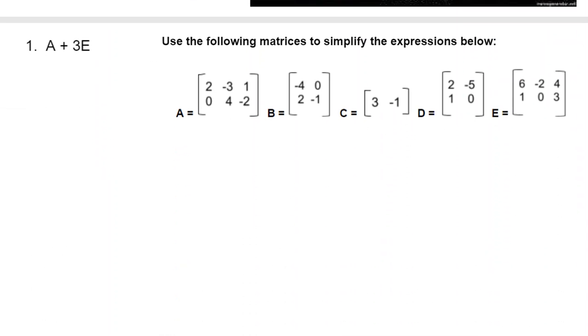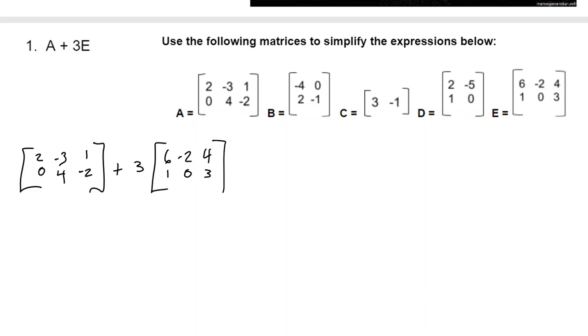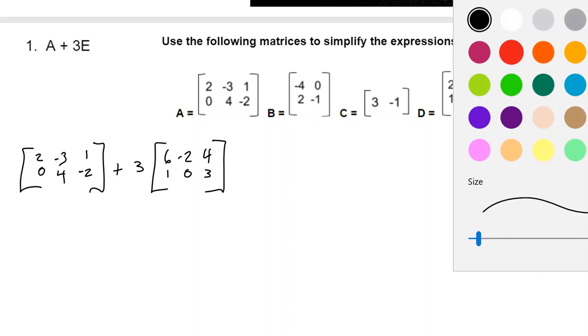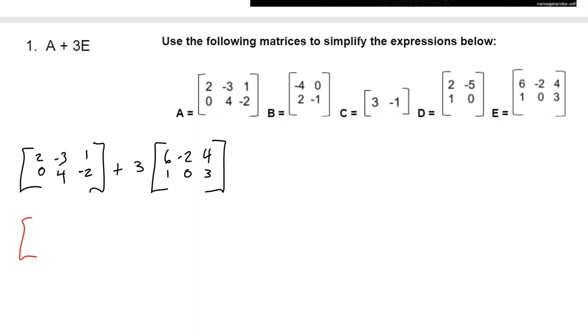Now, we're going to take A and E and add them according to this. I'm going to write out A plus 3 times E. And so our first step is to distribute the 3.